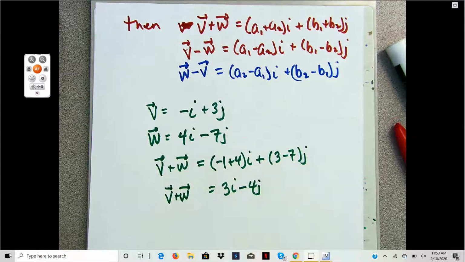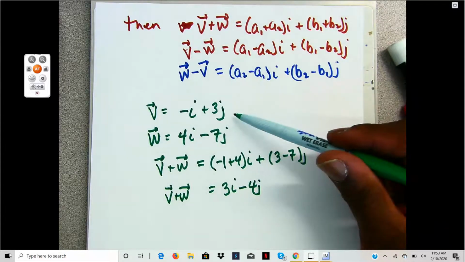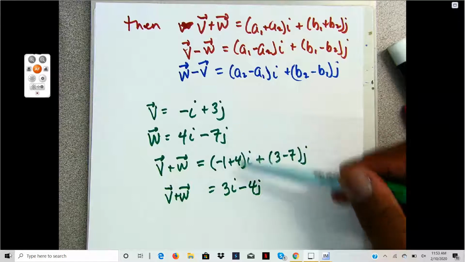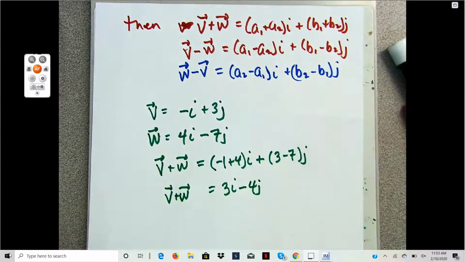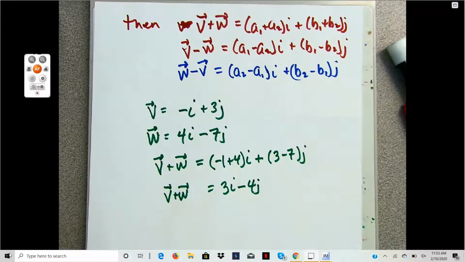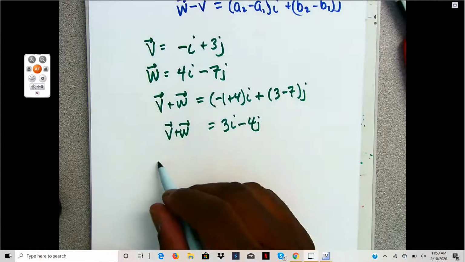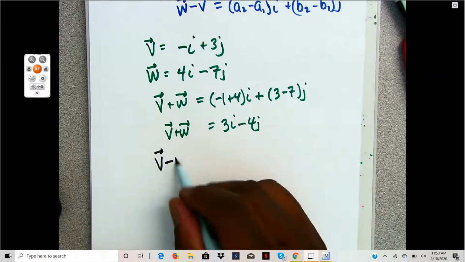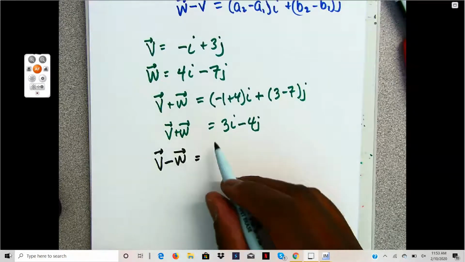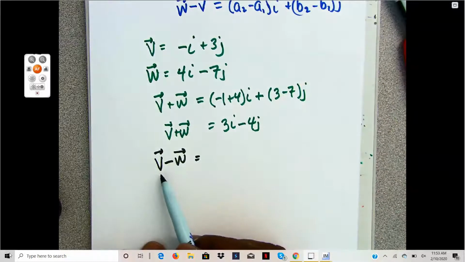Now from this new vector, we can find the magnitude. We can find the magnitude of v, the magnitude of w, and also the magnitude of the new vector, v plus w. Now if we were to calculate v minus w, v is in front, so v goes first.